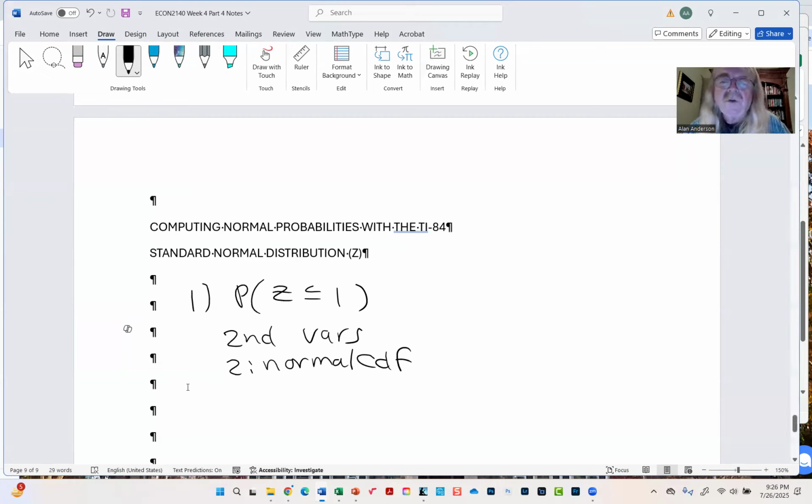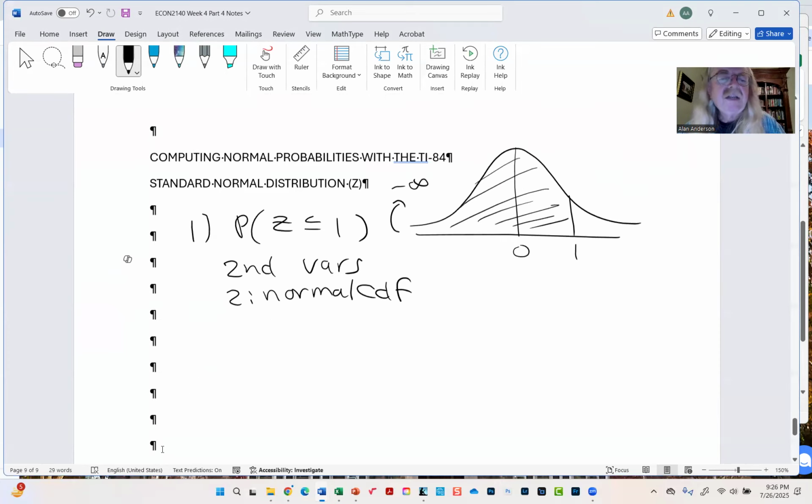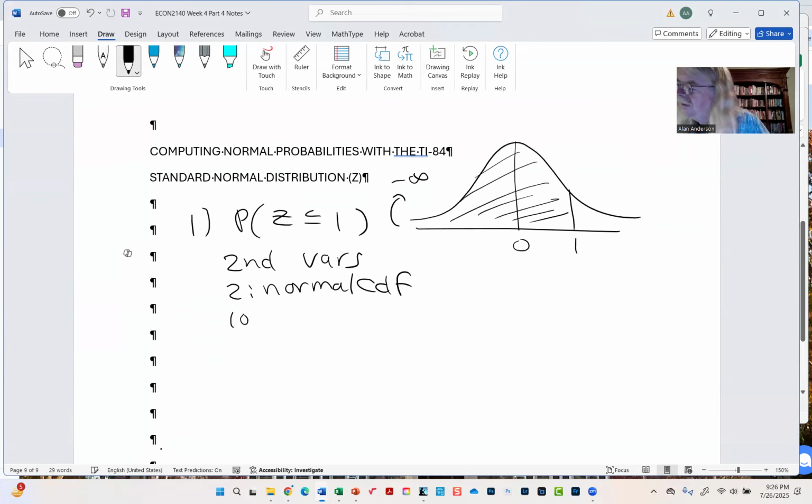Now, if you notice, it needs to know four things. Now, remember, I did mention before that the lower limit here technically is negative infinity. Well, here you do have to specify that. So it's going to ask you for four things: lower limit, upper limit, mu, and sigma.